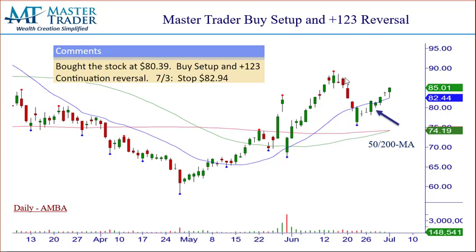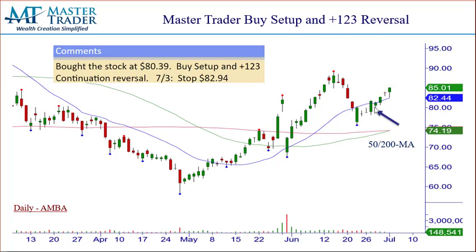Now this was not only a buy setup, it was a 1 bar turn with the gap down and range expansion bullish close. You could have bought over the high of that bar. However, we have 2 inside bars that made the setup better. So it's what we call a bullish 1, 2, 3 continuation on top of the buy setup with a price void.